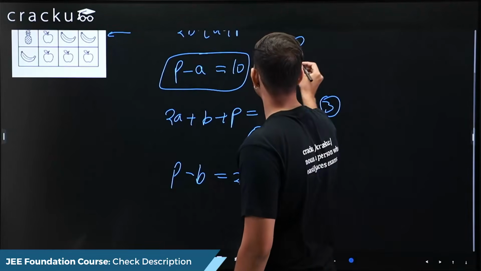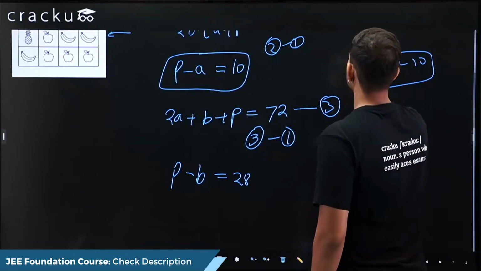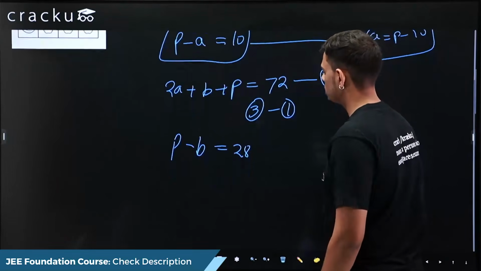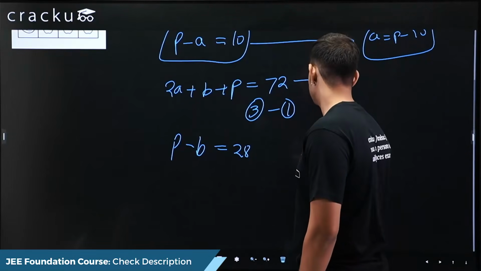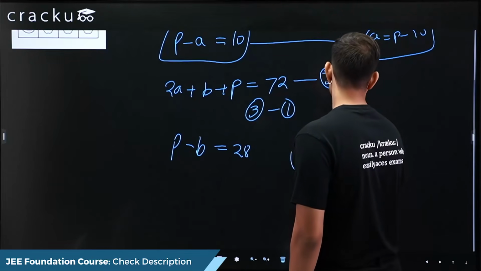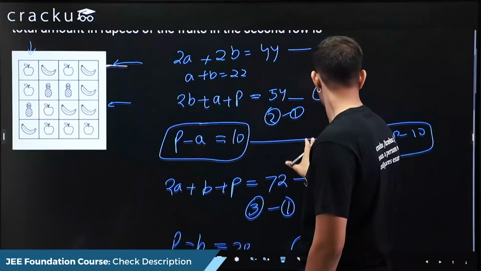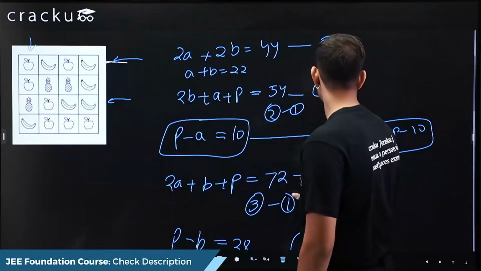So A comes out to be P minus 10. From here, we can get all the values in terms of P, and B comes out to be P minus 28. Now we can just substitute these values in any equation where we have both A and B. A plus B is 22.